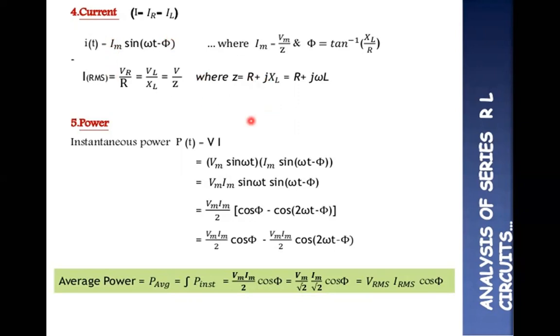And power we have taken as the product of voltage and I. Substituting the values of voltage and current, we get Vmax Imax by 2 cos phi minus Vmax Imax by 2 cos of 2 omega t minus phi. If you calculate the average power, it is the integration of instantaneous power. Finally it comes as Vrms into Irms into the power factor, which is nothing but cos phi.